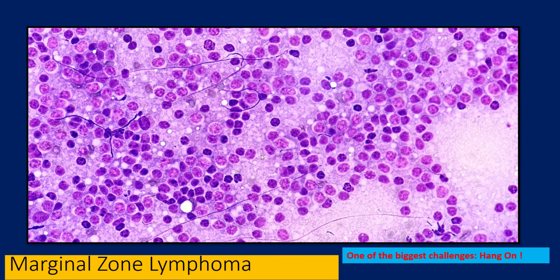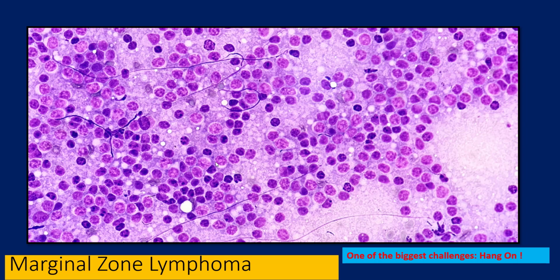However, if you come across a situation like this, where you are neither on the side of a completely polymorphous population of lymphoid cells nor a monotonous population of lymphoid cells, you kind of see an admixture. Okay, there are mostly medium-sized cells, some smaller cells.